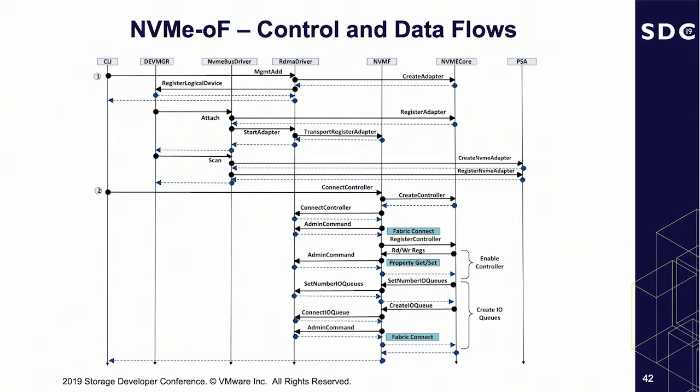So if a user wants to configure an NVMe RDMA adapter, the NVMe RDMA adapter is a software adapter. So the user has to request creation of a software adapter. And as part of that flow, we also have to specify which RDMA NIC it needs to be bound with.